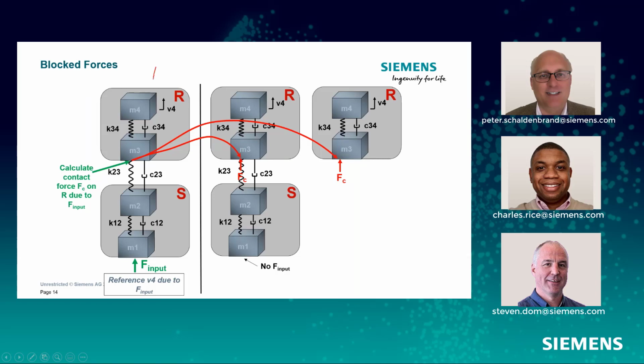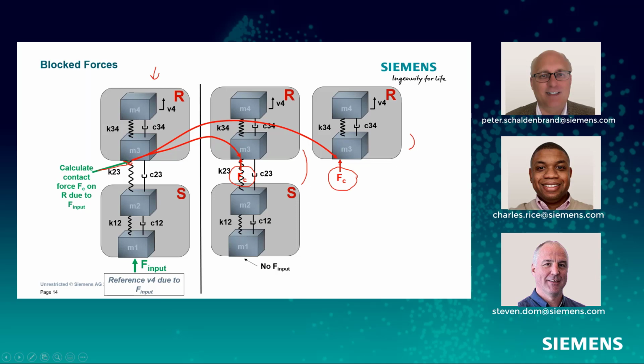I can take this system and calculate this force. Then I'm going to call that a contact force, because this is the force we normally see in transfer path analysis, and I apply it to both of these systems: the combined system S and R, and just R.